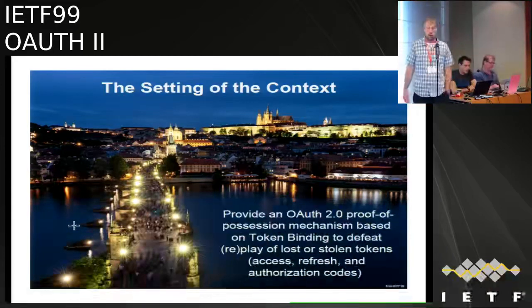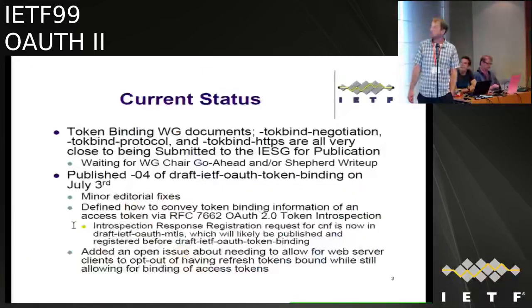So current status here, jumping out of the context into the weeds. The token binding working group documents, there's 3 of them: TLS negotiation, the protocol itself, the message format, and how it all applies to HTTP, are all very, very close to being submitted to the IESG for publication. My understanding is that they're waiting for the working group chair go-ahead and/or the Shepherd write-up. If any of you know the chairs of that working group, I can't quite recall who they are.